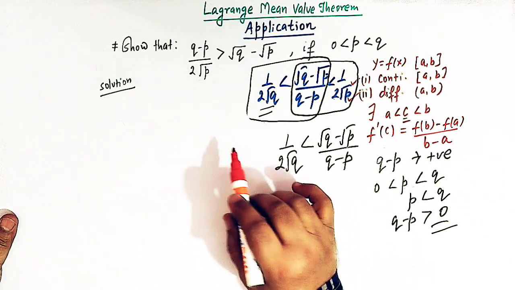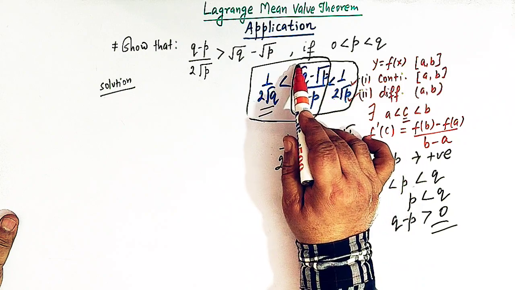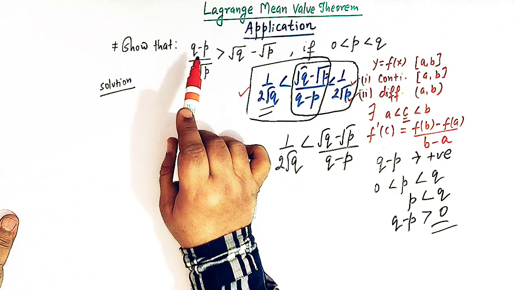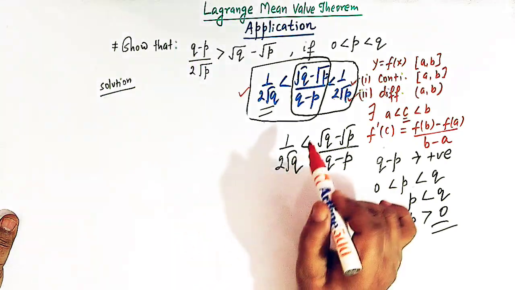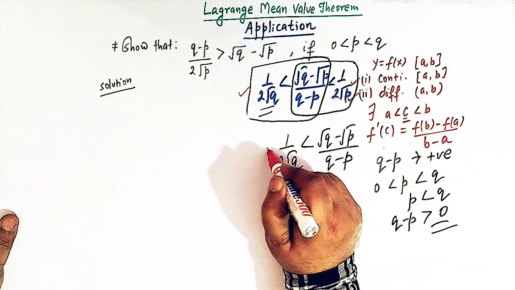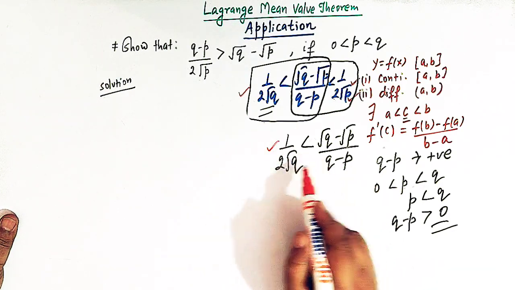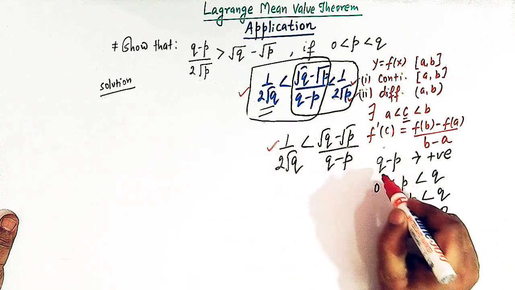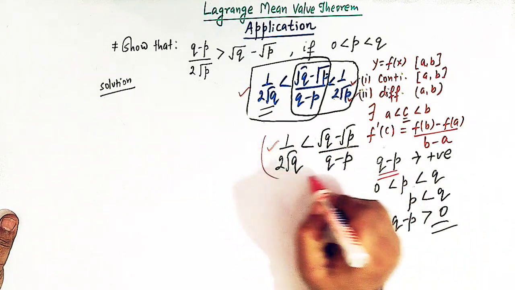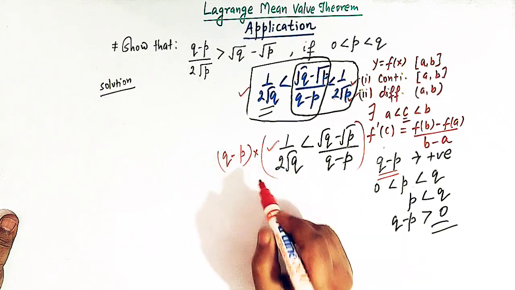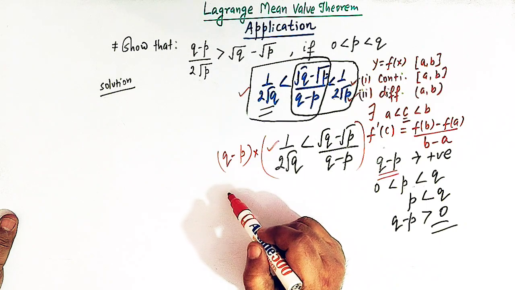So viewers, here we have seen that when we have taken this part of this inequality, we got this inequality, and when we take this part, which is written over here, then if we multiply both sides of this inequality by this factor, that is Q minus P, then we'll also get another inequality, right?